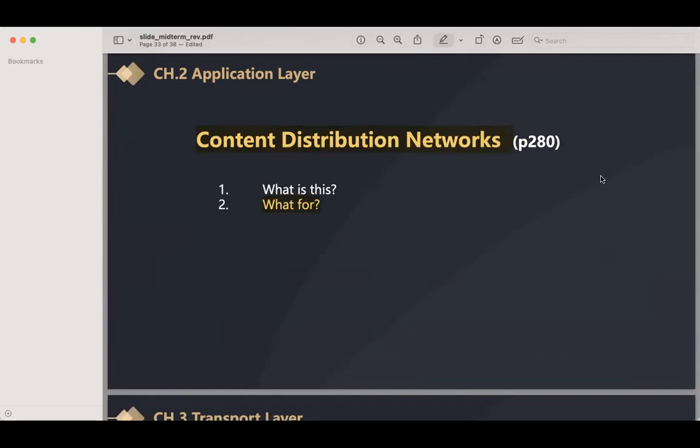Name an application that uses the CDN. This is one of the questions in the midterm exam. So yes, I saw the answer here.